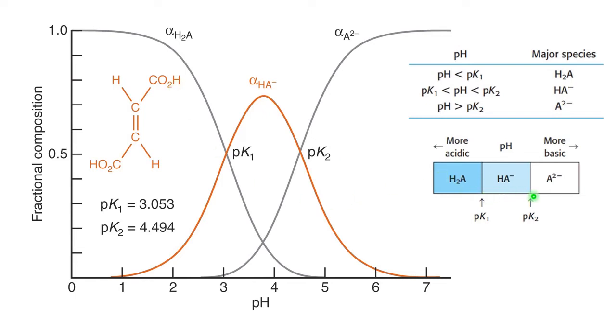Between pK1 and pK2, I have only one proton. Above pK2, I'll have no protons at all, complete deprotonation. So, by looking at constants and knowing pH, I can say which form will be predominant.